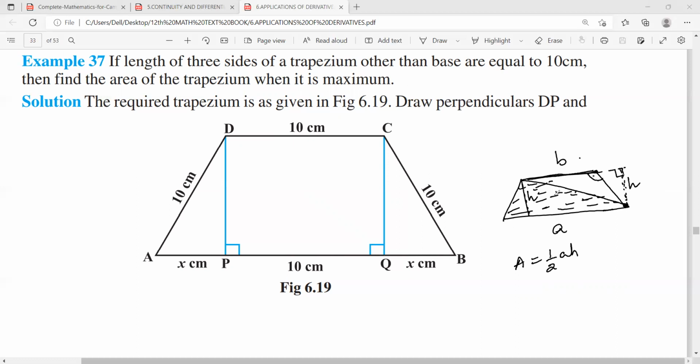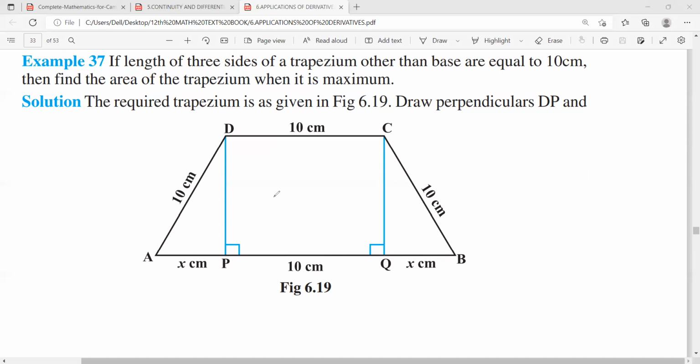So that area plus another area, which is half into B into H. Base is B, height is H, same, the distance between the parallels. That is how you get half (A plus B) H. For the triangle, half AH; for the trapezium, half (A plus B) H.